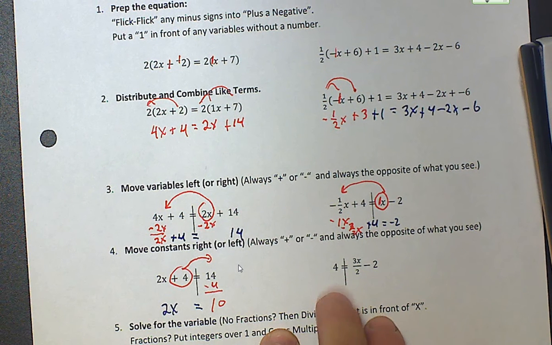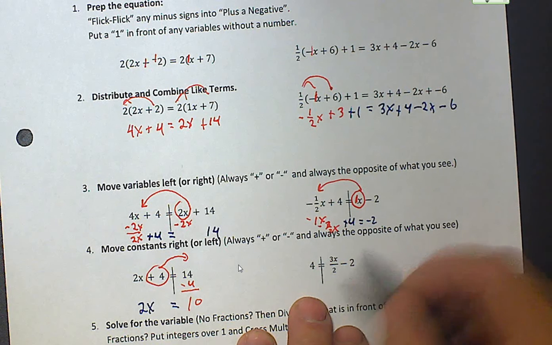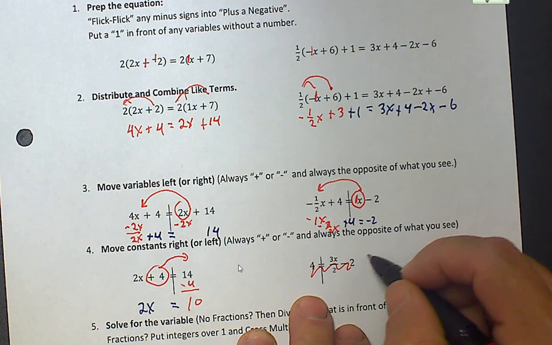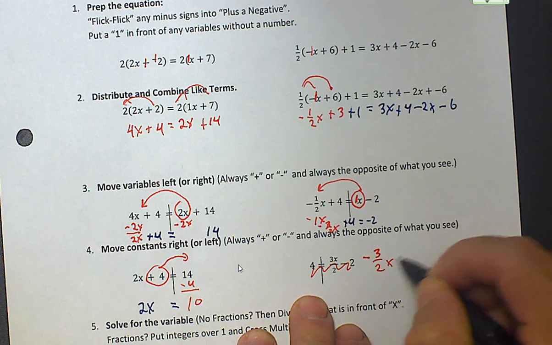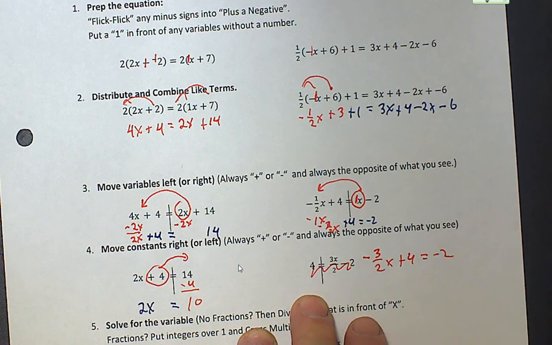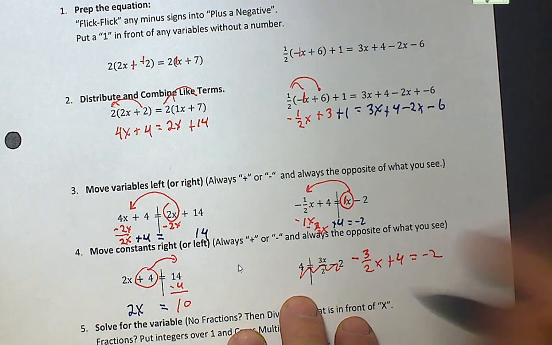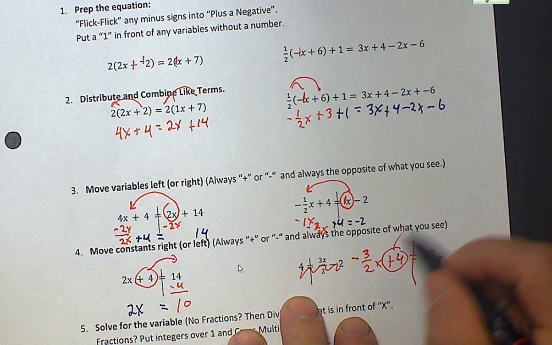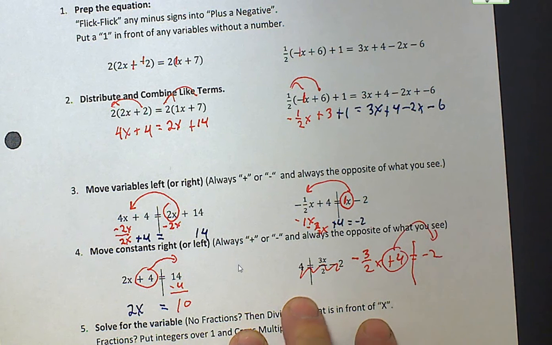Over here, I'm going to write this so it's the same as up here. I have negative 3/2 x plus 4 equals negative 2. Right there. Okay? So the 4 is going to come across the equal sign. Same rule. I need to subtract.